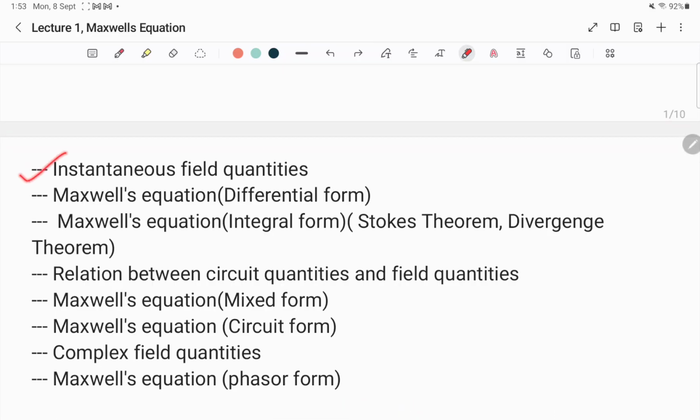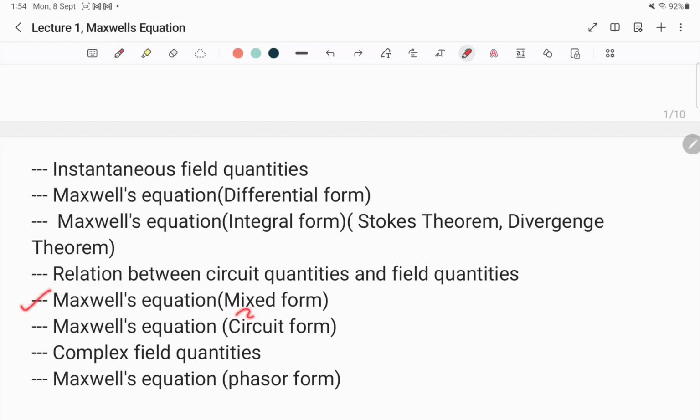First is instantaneous field quantities. Second is Maxwell's equation in differential form. Third is Maxwell's equation in integral form, where we are going to use Stokes theorem and divergence theorem. Next, we are going to see the relationship between circuit quantities and field quantities.